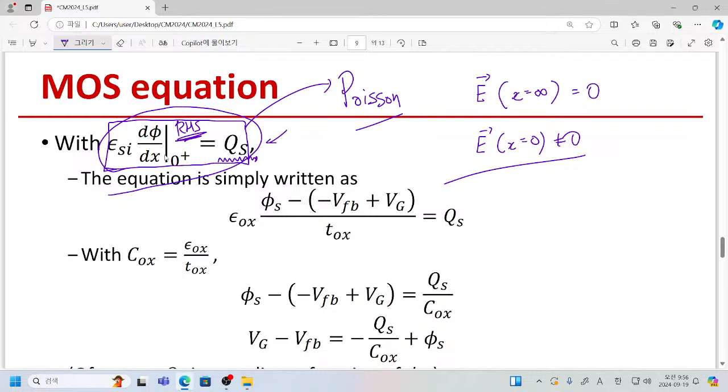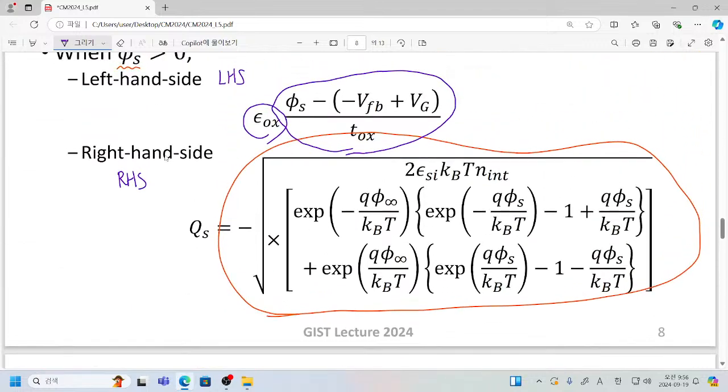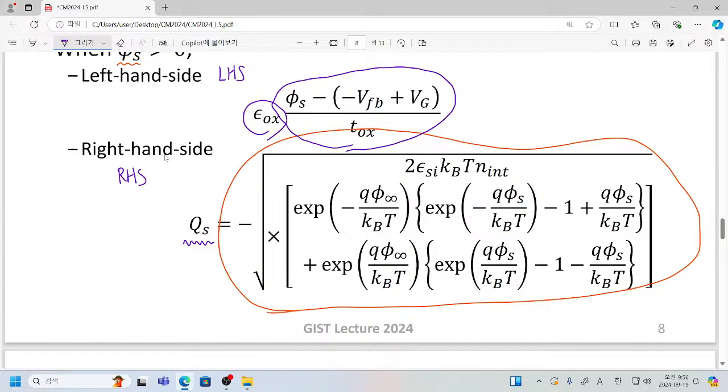I mean that you have to understand the procedure, the reason why this quantity is regarded as semiconductor charge.